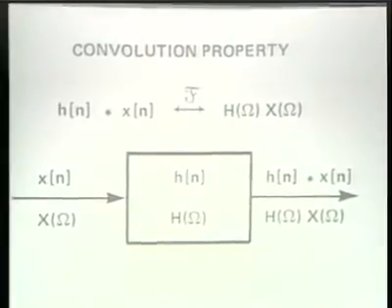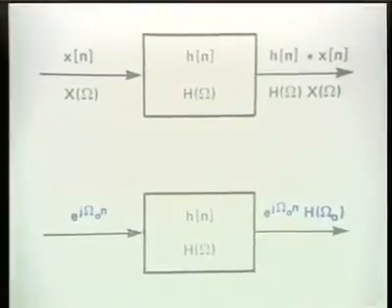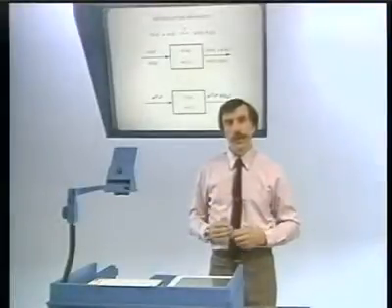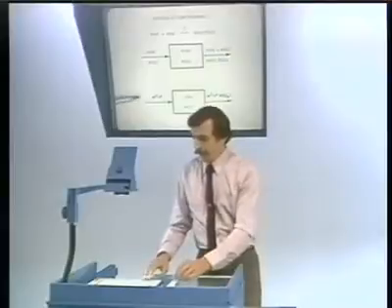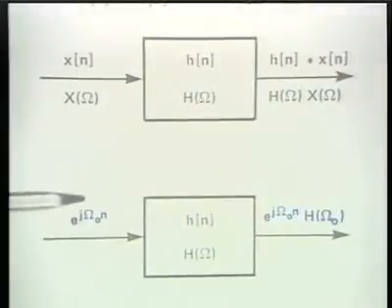Now, we also have talked about a relationship between the Fourier transform of the impulse response and what we called the frequency response, in the context of the response of the system to a complex exponential.